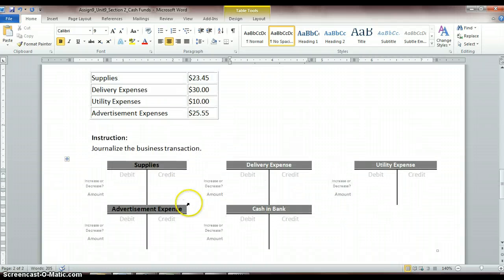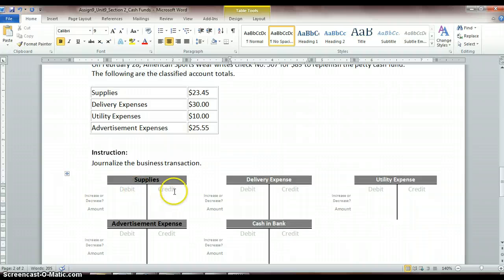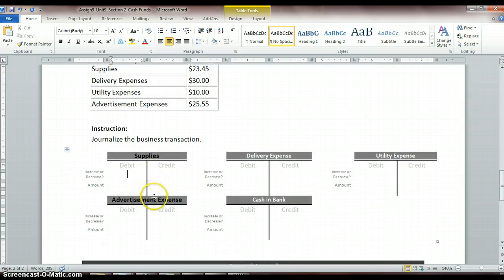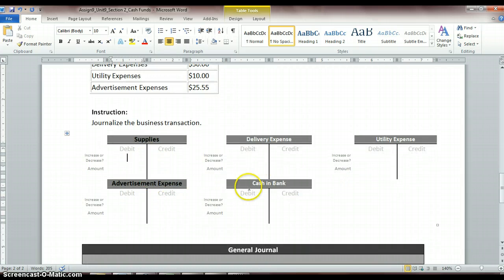Now we need to record these on the appropriate side. You should know this by now. Supplies would be an asset. The rest of these are expense accounts, so that should tell you which side they increase and decrease on. And then same with cash and bank. We are taking money from cash and bank to pay into these expense accounts so that we can replenish our petty cash fund.